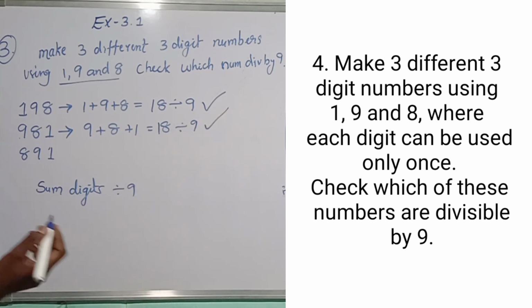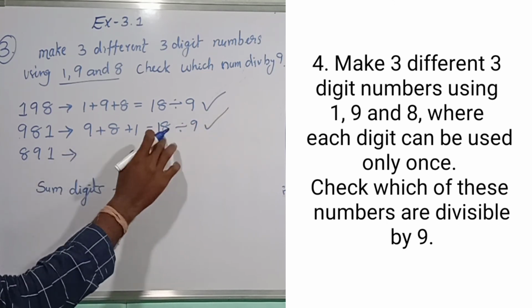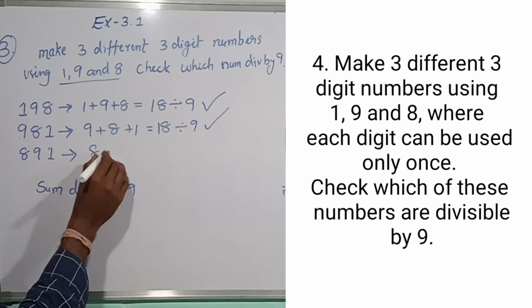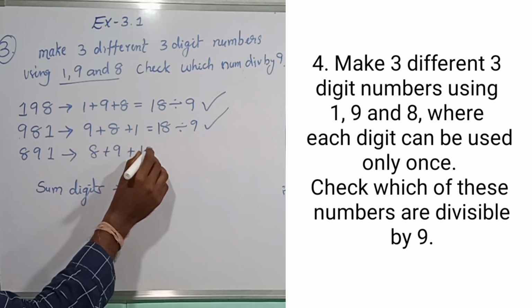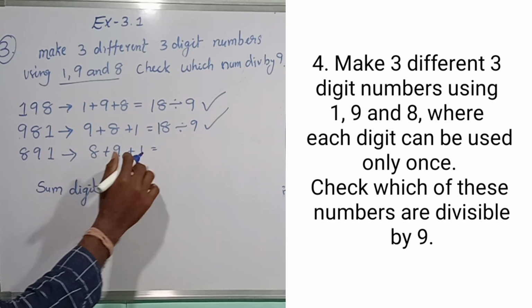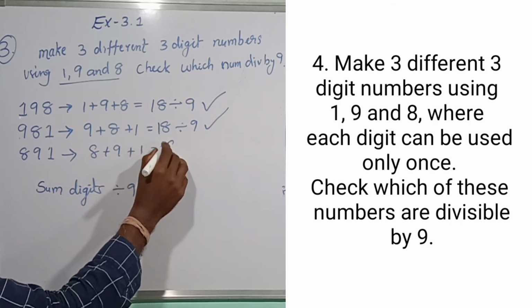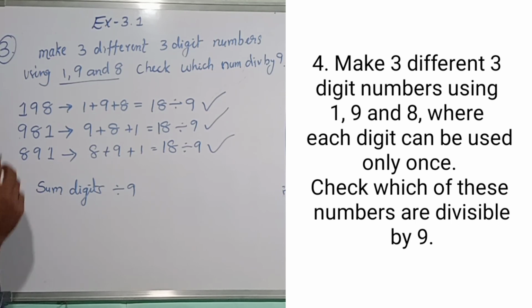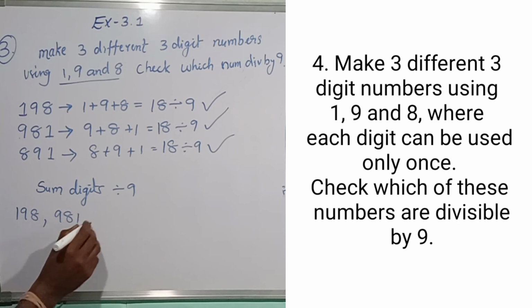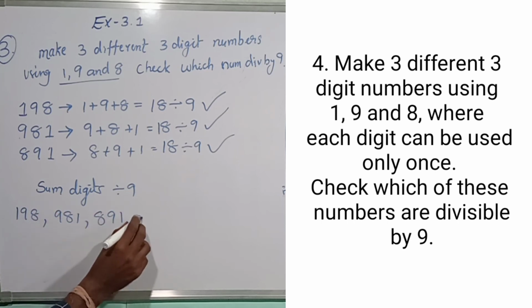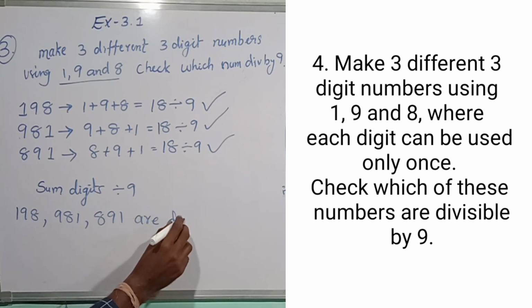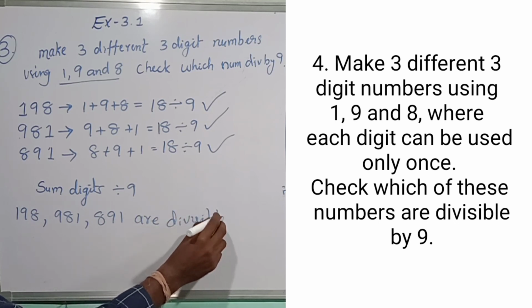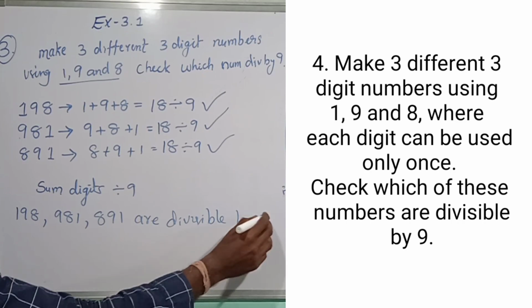Yes. Now 891: 8 plus 9 is 17, 17 plus 1 is 18. Divisible by 9? Yes. So 198, 981 and 891 are all divisible by 9.